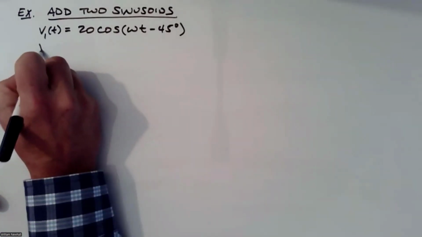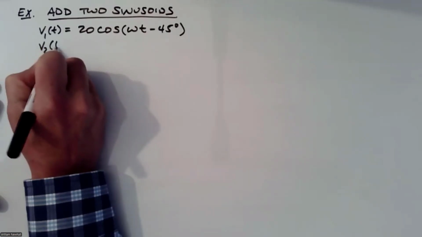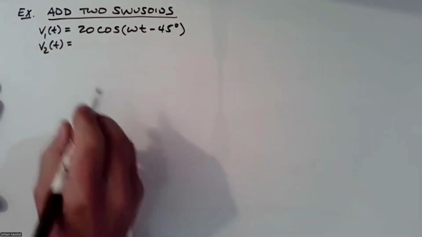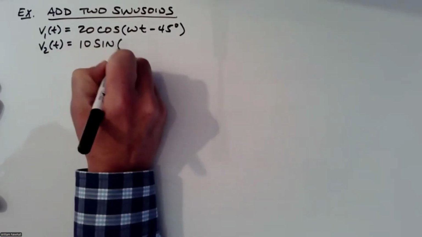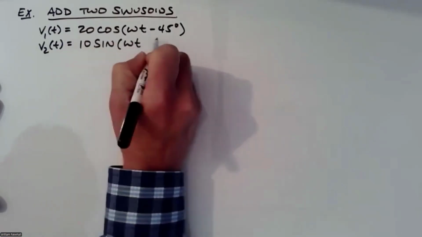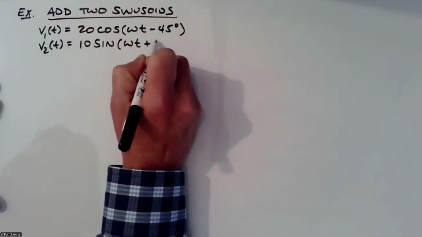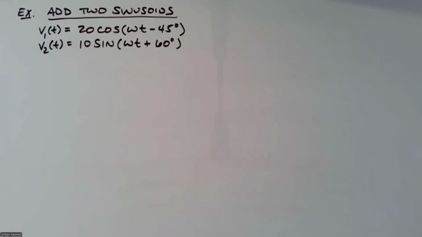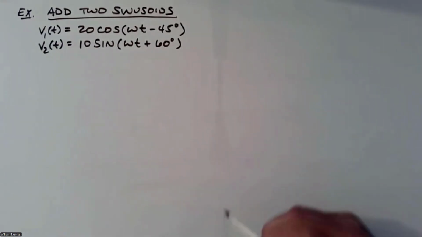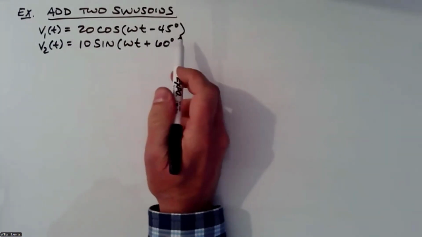And let me define another sinusoid, I should say. I'm actually going to make this a sine function, 10 sine omega t plus 60 degrees. Okay. Now I've broken two rules here.